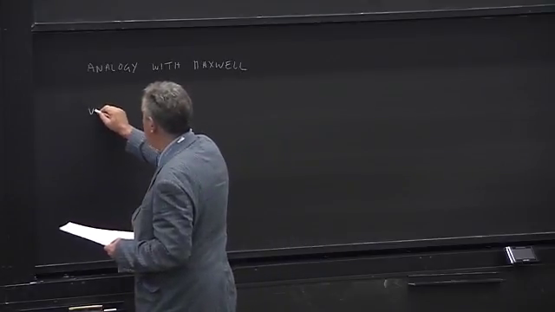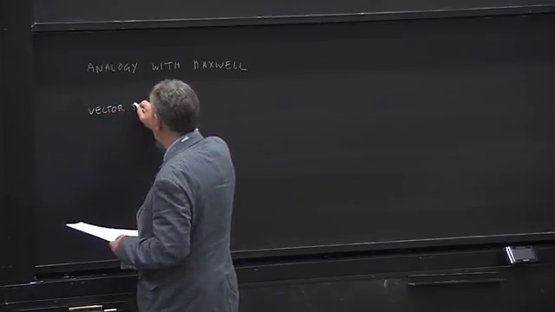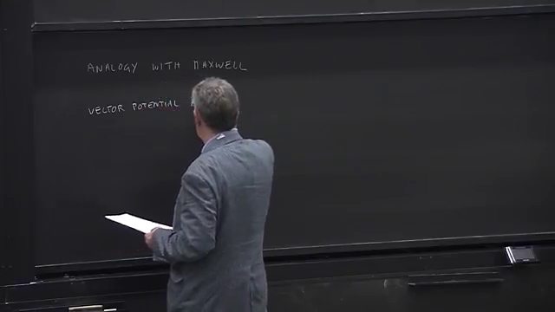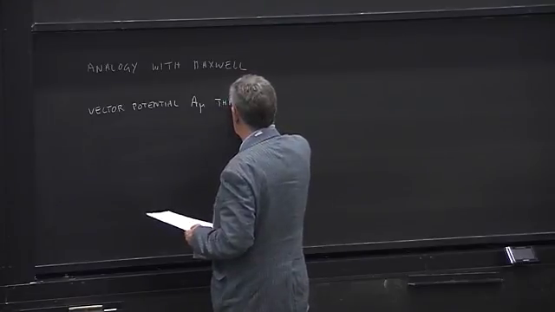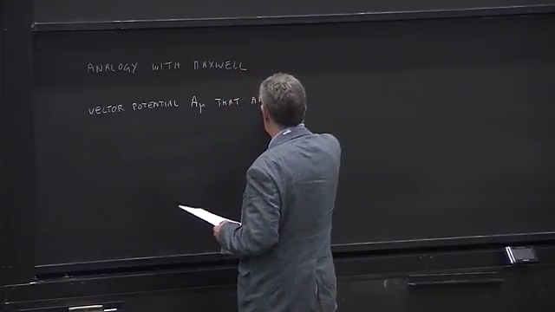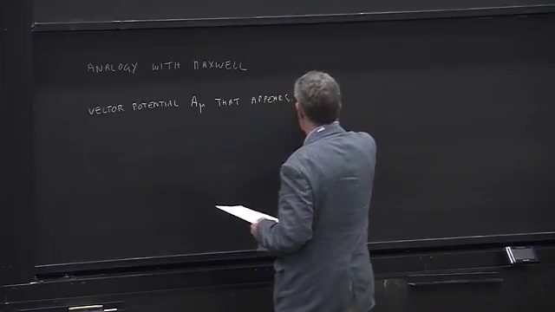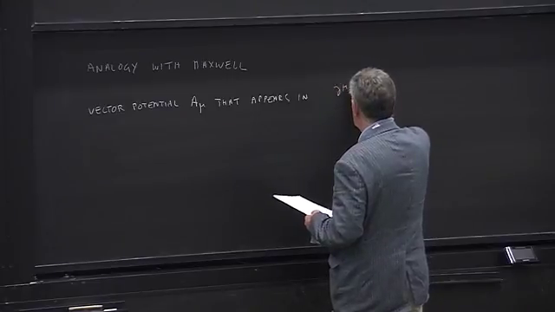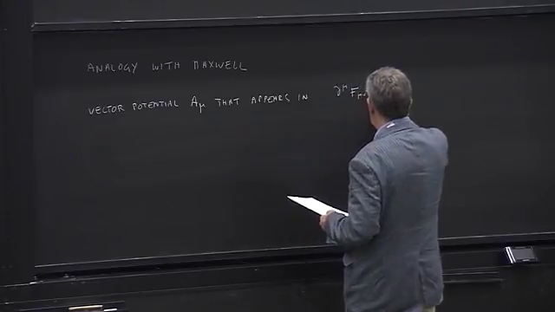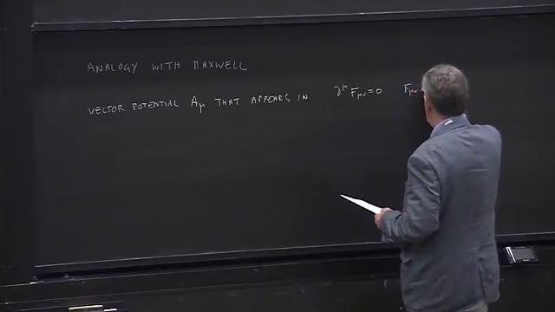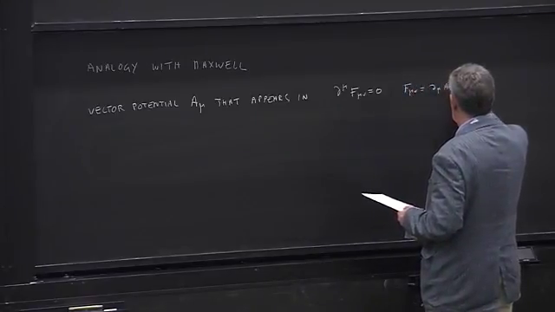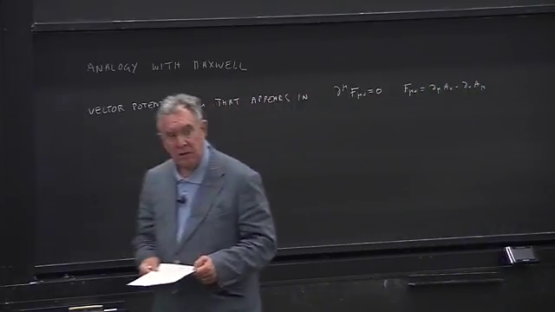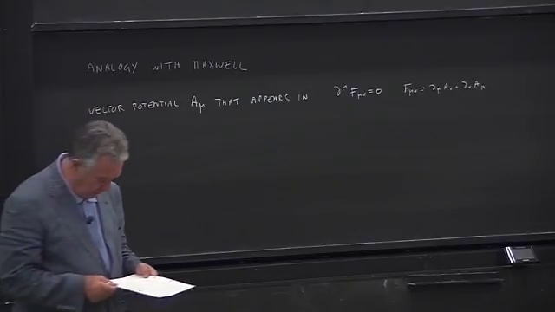So now we can draw an analogy with Maxwell. The vector potential A mu that appears in Maxwell's equations, F mu nu, you remember, was d mu A nu minus d nu A mu. This is also not uniquely determined.